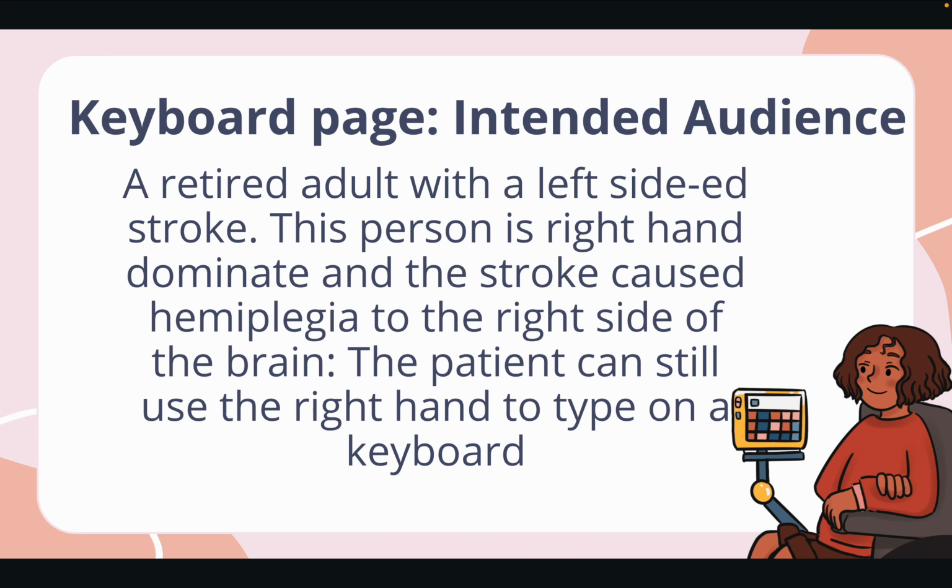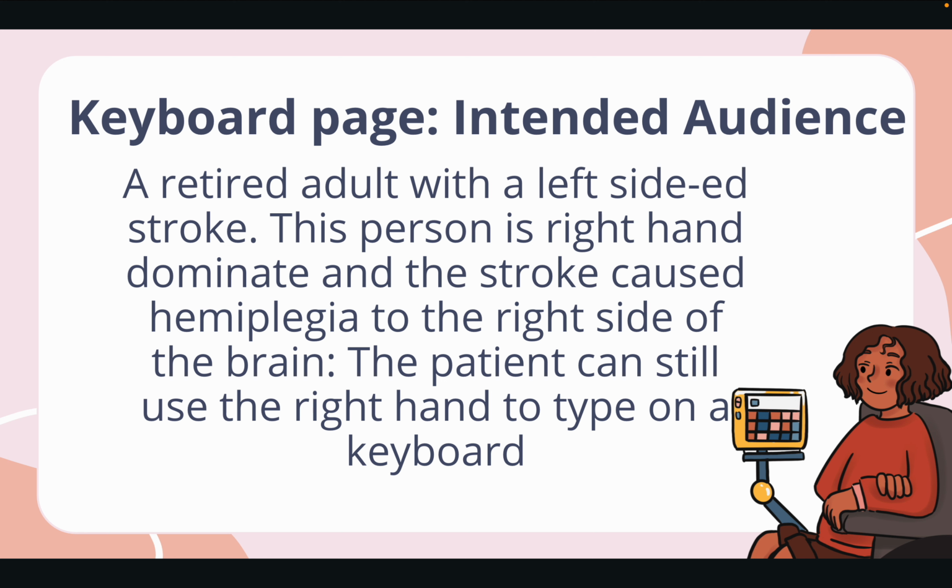So we have a keyboard as our demo first up. Our intended audience would be someone who's a retired adult who has suffered a stroke that impaired or caused a lesion on the right side of that person's brain. Now, this person was right-handed or is still right-handed, but that left side of their body is now unable to move like it used to.